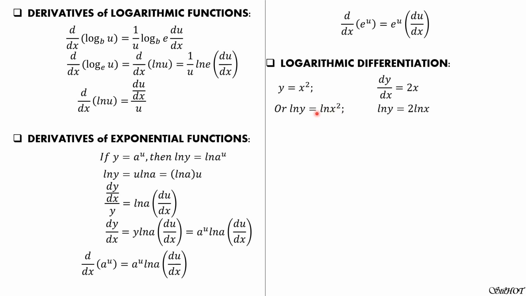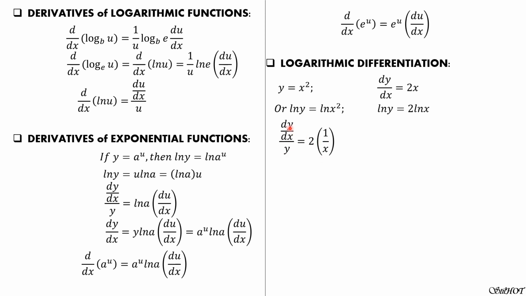And we write ln of x squared as 2 ln of x as shown. Derivative of ln of y is dy/dx over y. And the derivative of 2 ln x is 2 times 1 over x, or 2 over x. So dy/dx over y equals 2 times 1 over x.